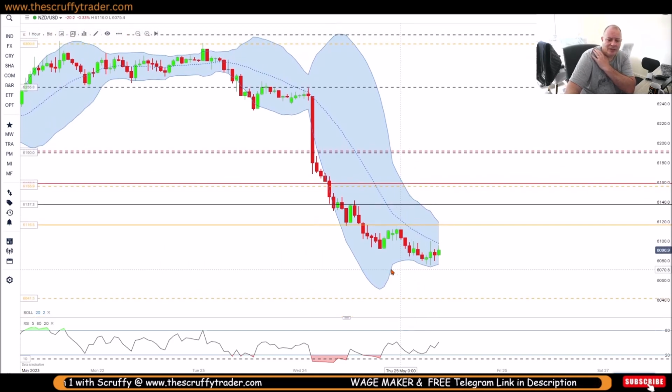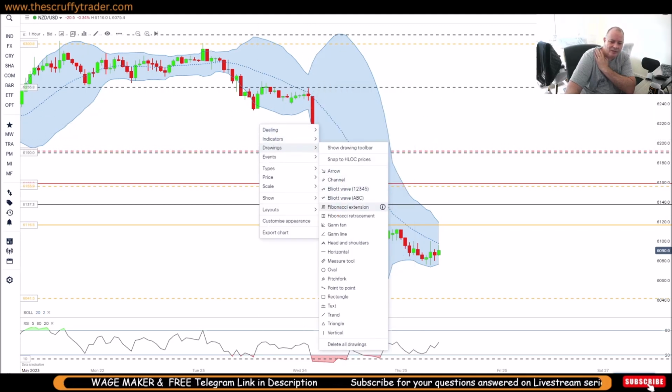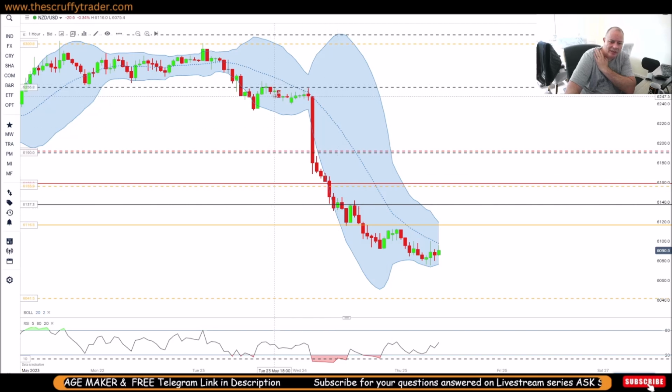Okay. Well, let's have a look at the DNA of this move. Now, the accelerant we can clearly see is here, which was this event. Now, if we just look at that single candle, pull this down.